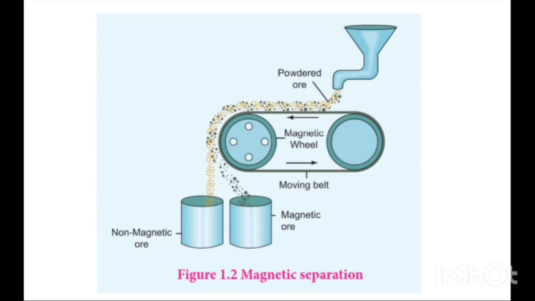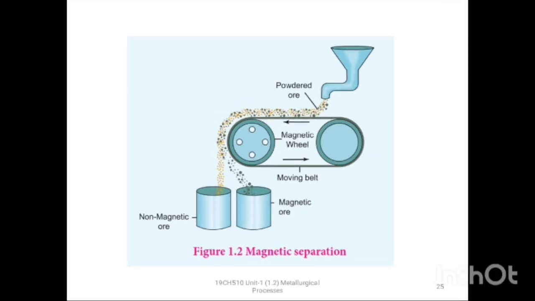The non-magnetic ore or non-magnetic gangue materials are collected in the first container itself, which falls because of gravitation immediately as the wheel rotates. Through this, magnetic ores and magnetic gangues can be removed by the magnetic separation method.